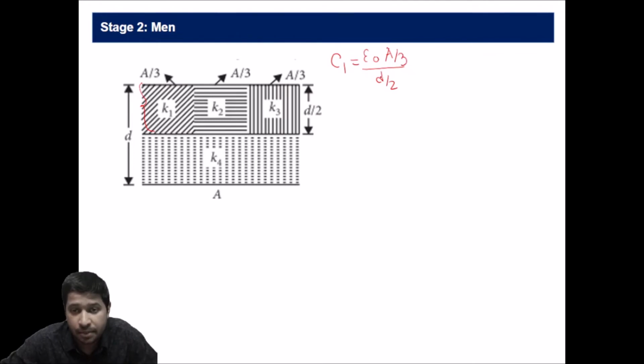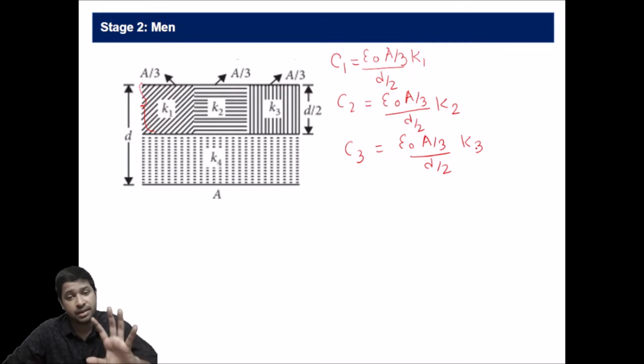Epsilon naught A by D into K1. Similarly, the capacitance C2 will be epsilon naught A by 3 divided by D by 2 into K2, and capacitance C3 will be epsilon naught A by 3 divided by D by 2 into K3.